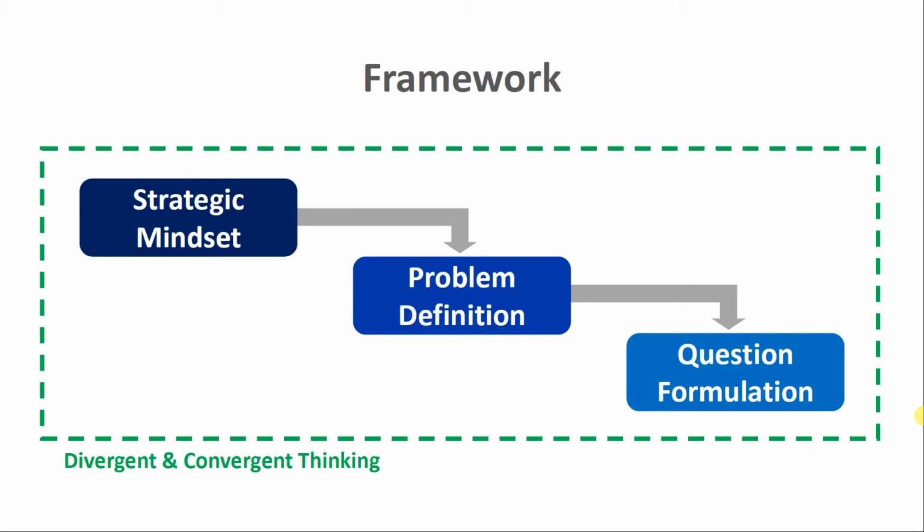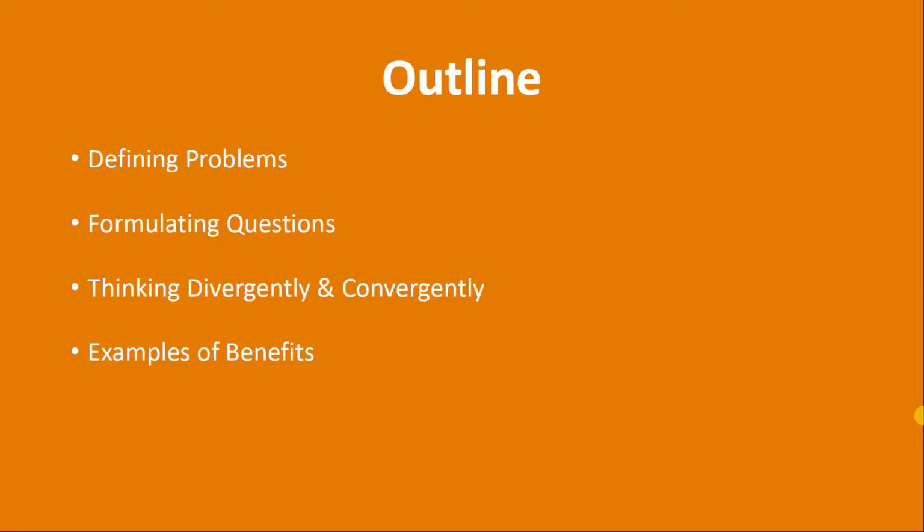Now, while we're going through this process and applying this framework, we want to make sure that we also engage in divergent and convergent thinking. And in the rest of this lecture, I'll get into problem definition, question formulation, and what I mean by divergent and convergent thinking processes. So we'll start with defining problems, as I mentioned. We'll move on to formulating questions.